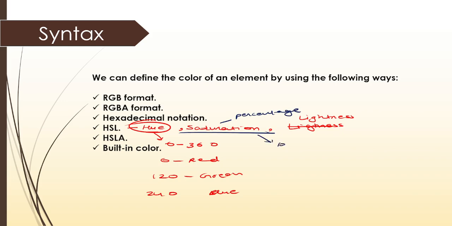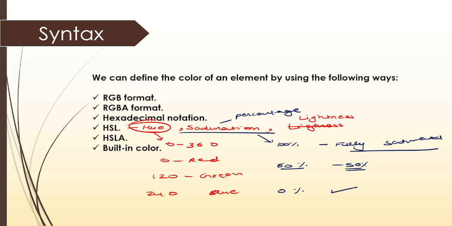If we use value 100%, that means it is fully saturated, that is no shades of gray. 50% means 50% gray shade, but the color is still visible. And 0% represents fully unsaturated, that is completely gray and the color is invisible.